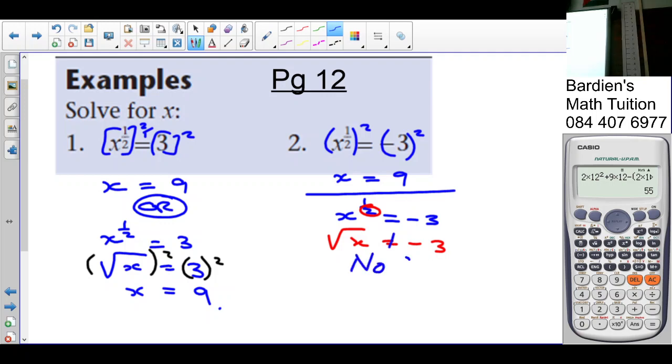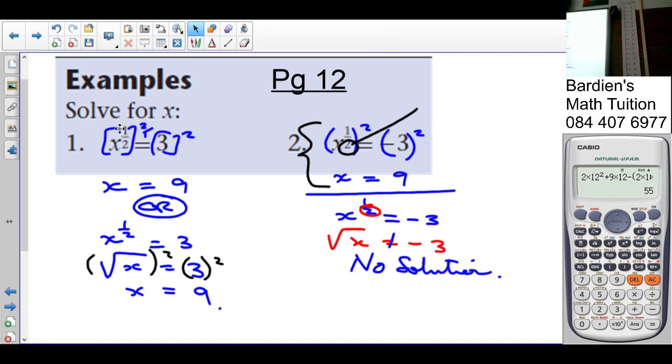So I want you guys to make a note here. If the denominator is an even number, the number on the other side of the equal sign must be positive.